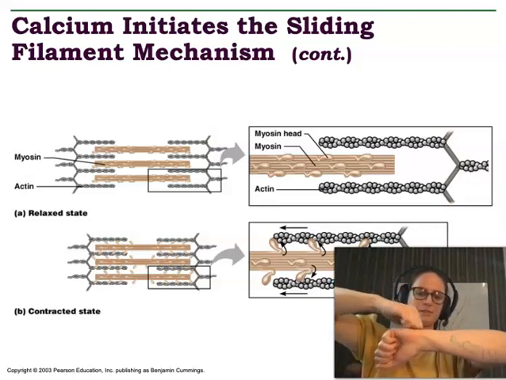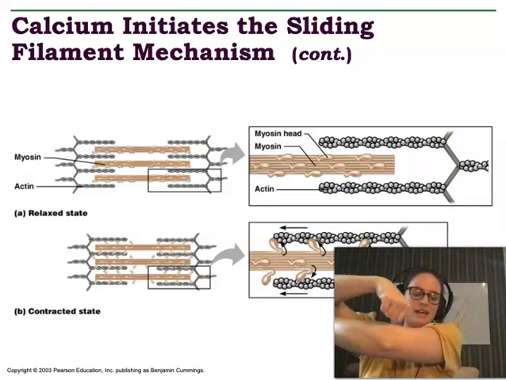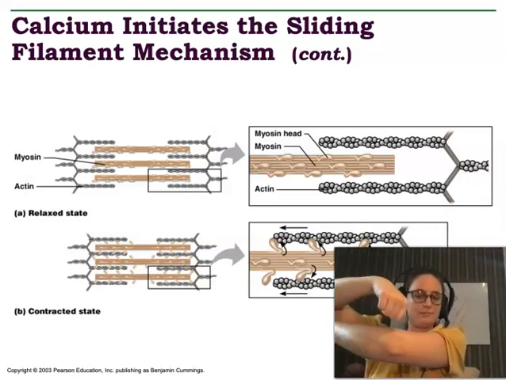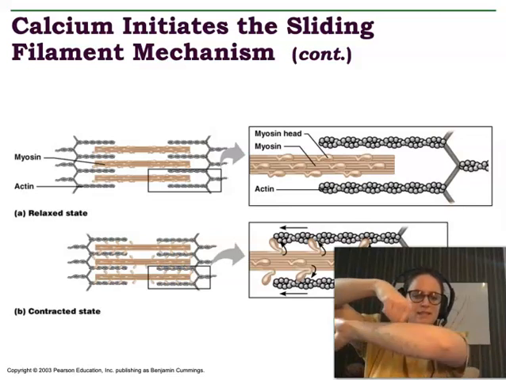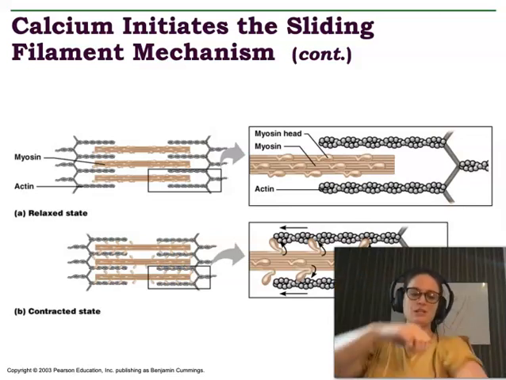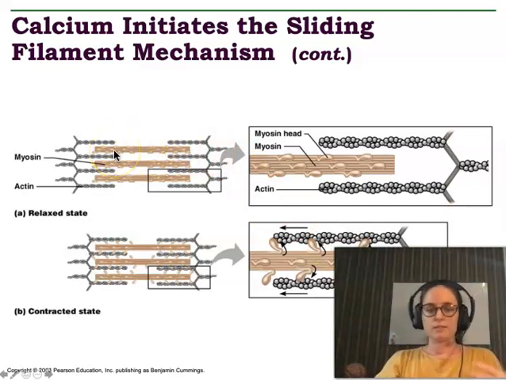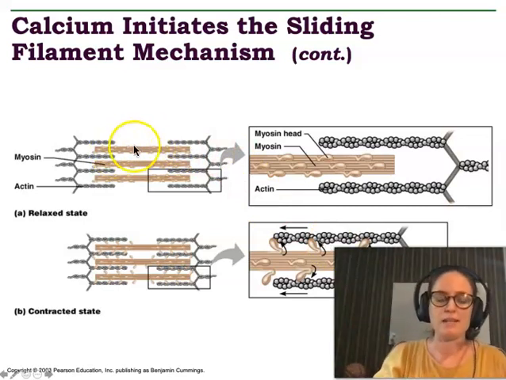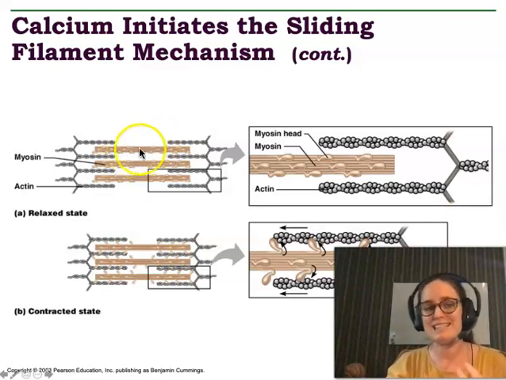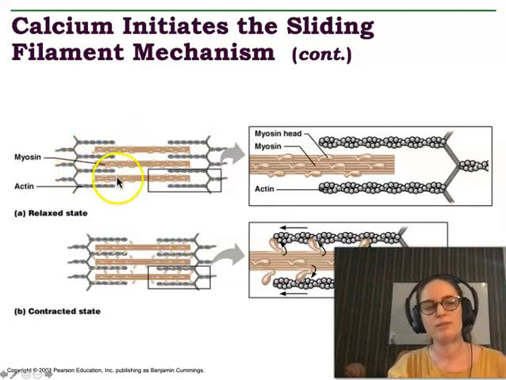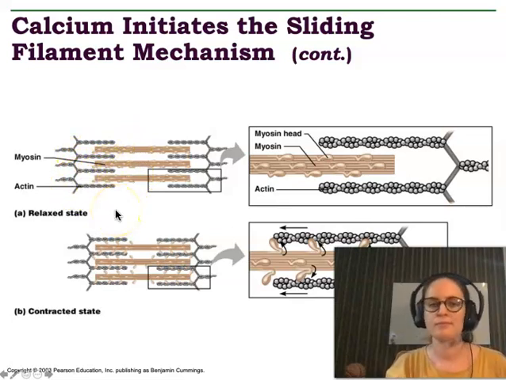There's the actin moving. Myosin head bends, but the actin gets pulled. And this is how we're going to shorten that sarcomere. So it is important to recognize that the myosin piece of cytoskeleton, the myosin filament, is going to stay stationary. It's going to pull on the actin. It's going to pull it towards that midline. One more time.